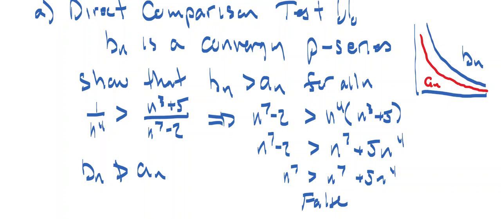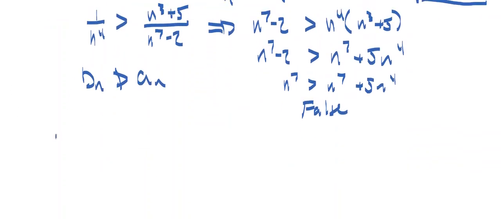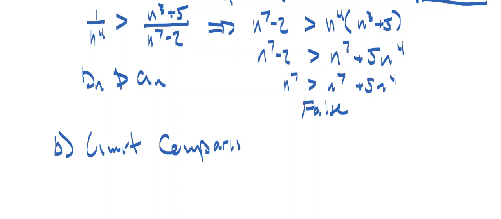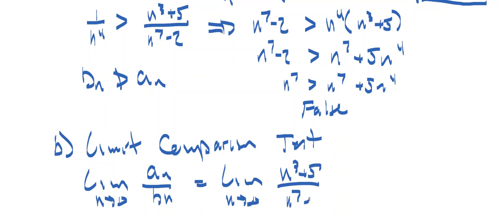So now let's go to the limit comparison test. So B, the limit comparison test, says that we are going to take the limit as n approaches infinity of a sub n divided by b sub n. So that's going to be the limit as n approaches infinity of n cubed plus 5 over n to the 7th minus 2.